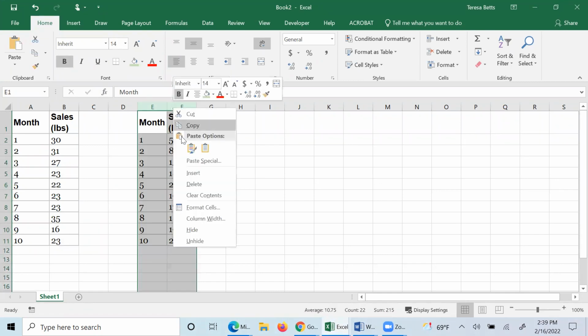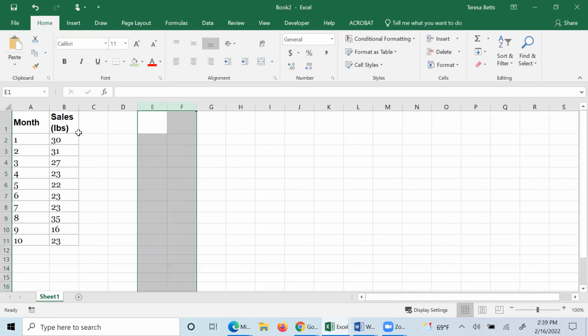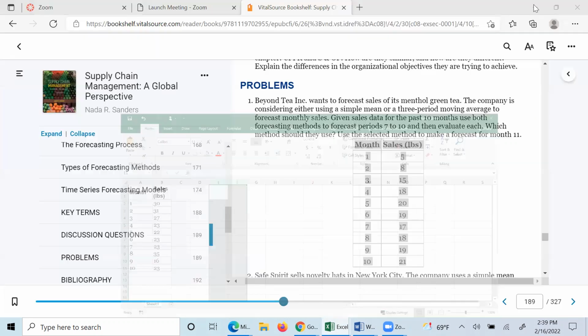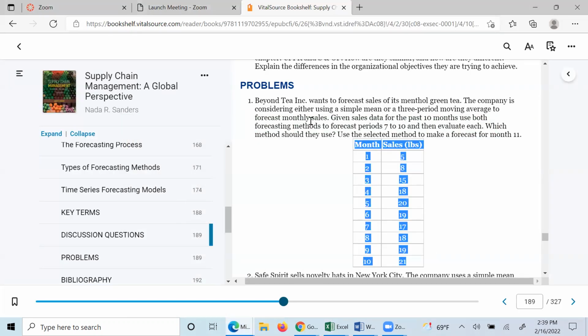Now I did that, but then I revised the numbers because I don't want you to just be able to look at this and see the answers. But let's read this question again. It says, Beyond Tea Incorporated wants to forecast sales of its menthol green tea. The company is considering either using a simple mean or a 3-period moving average to forecast monthly rates.